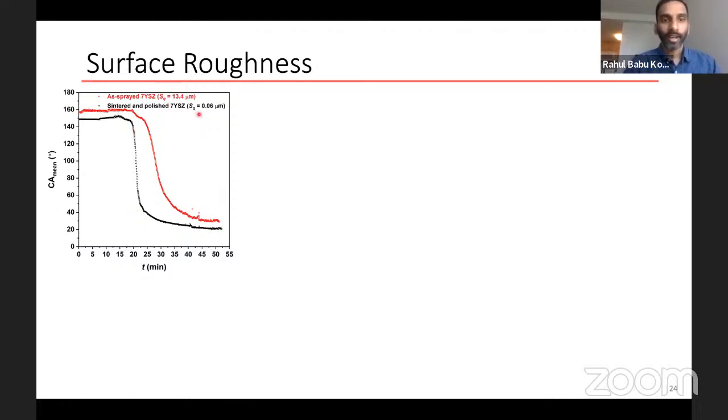As you can see from the roughness measure here, it is very smooth. What we see is that the smooth surface has a smaller contact angle compared to a rough surface. And this trend goes against the Wenzel theory, which says that if you're a hydrophilic drop on a rough surface, your contact angle will be much smaller.